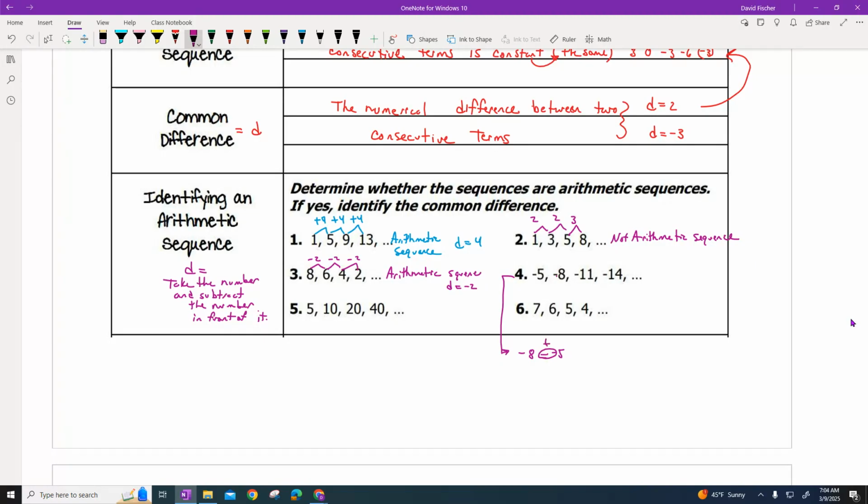So that's going to be a -3. I went down by 3. Most kids can do this in their head, though. I went from -8 to -11. But if you can't, just do -11 minus -8. And I see I went down 3 again here, so it's an arithmetic sequence.